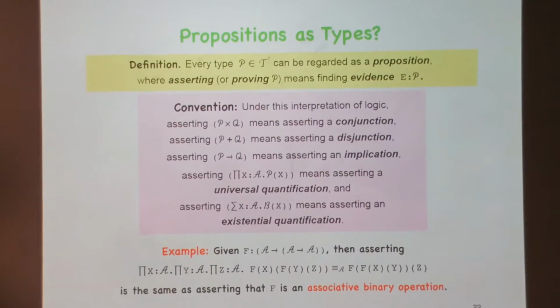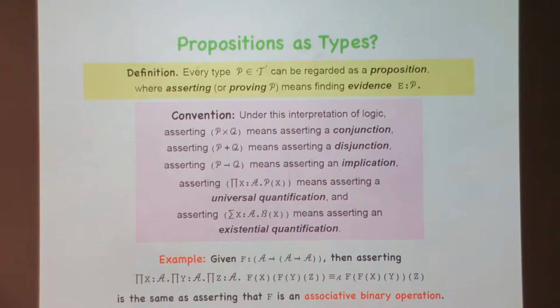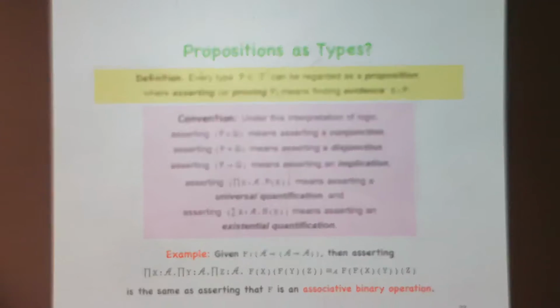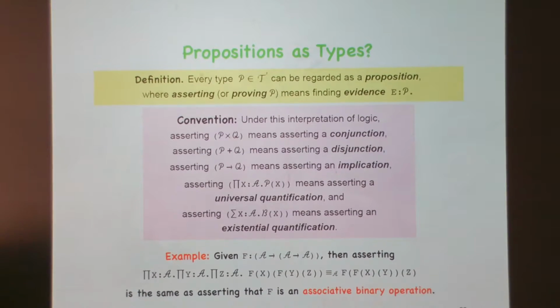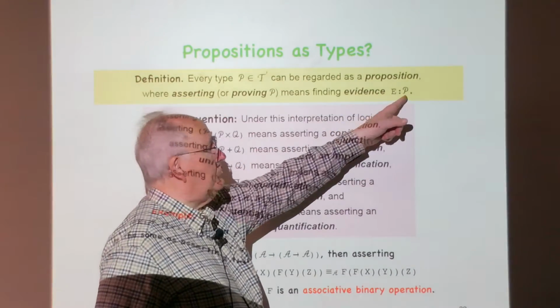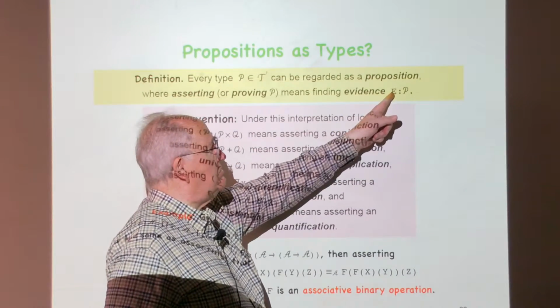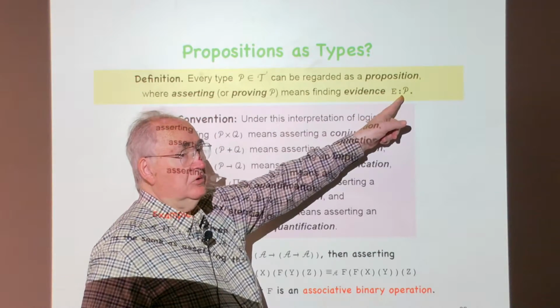Moreover, we can think of these logical combinations of types giving us logical questions. And so to say for a type that I've established a fact with a type means I have evidence that the type is non-empty. Okay?